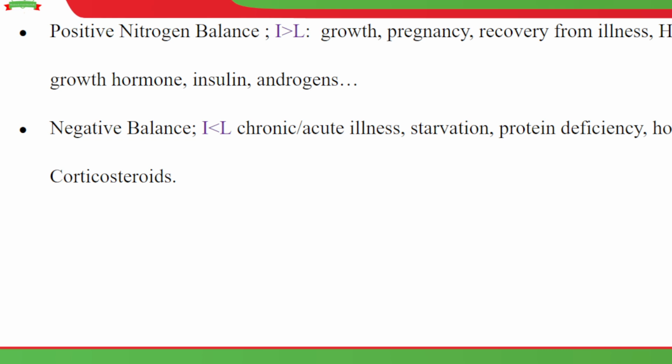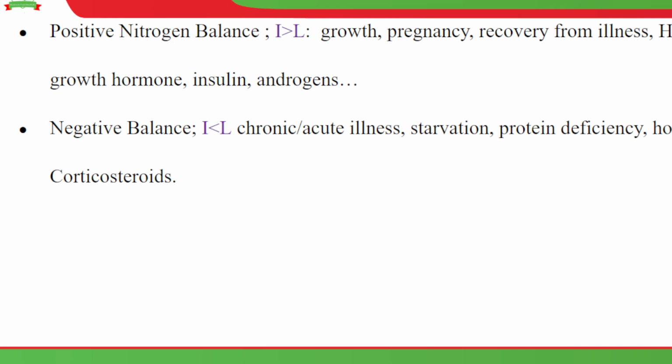So when you talk about the positive nitrogen balance, it occurs, one, in growth, where most of these amino acids or nitrogen molecules are utilized in the synthesis of protein in your body. Second, it also occurs in pregnancy, where the whole body of the woman needs a lot of proteins.